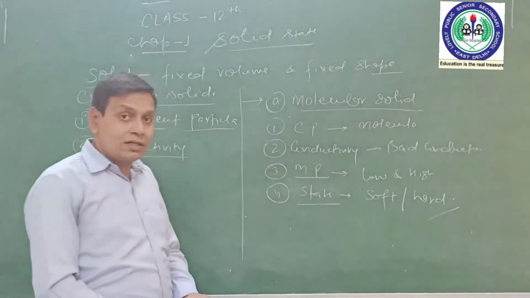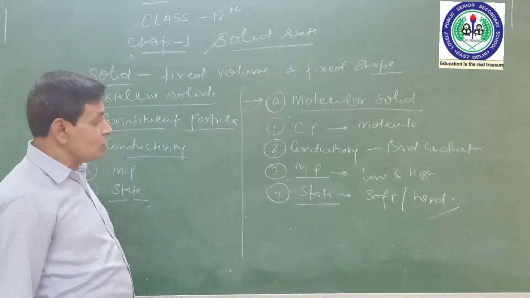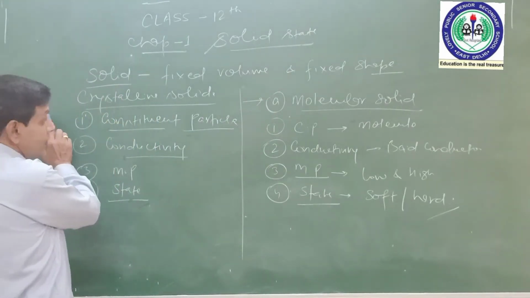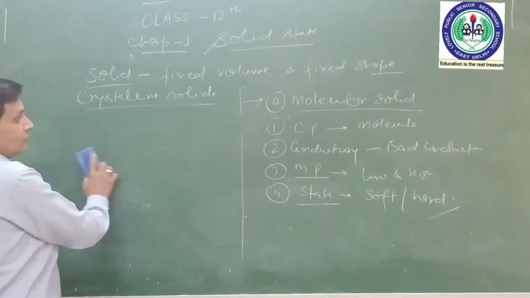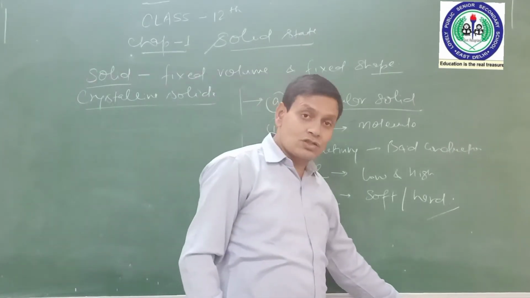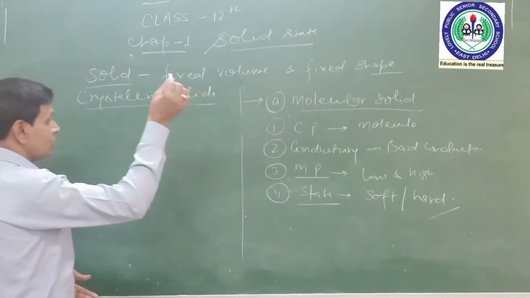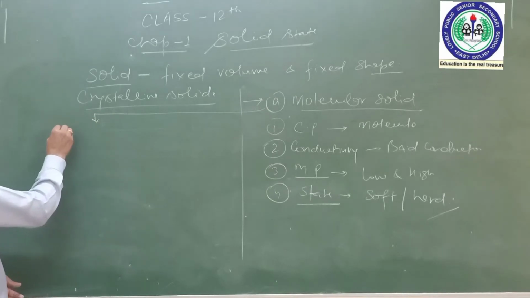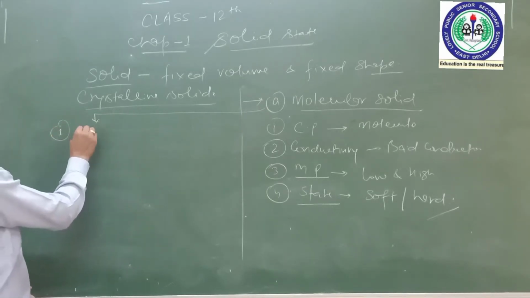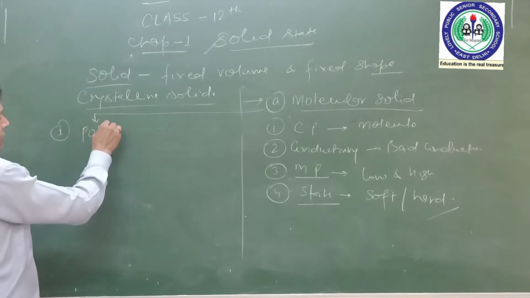Further, a molecular solid can also be classified on the basis of softness or hardness or any other constituent particle. There are different types of molecular solid. The first one is the polar molecular solid.